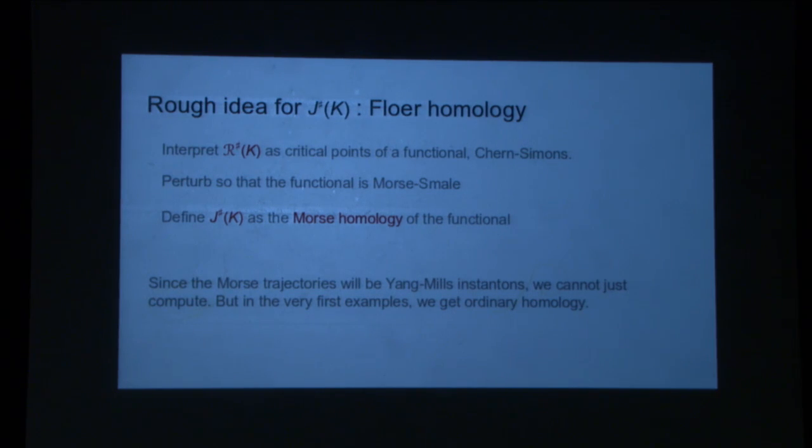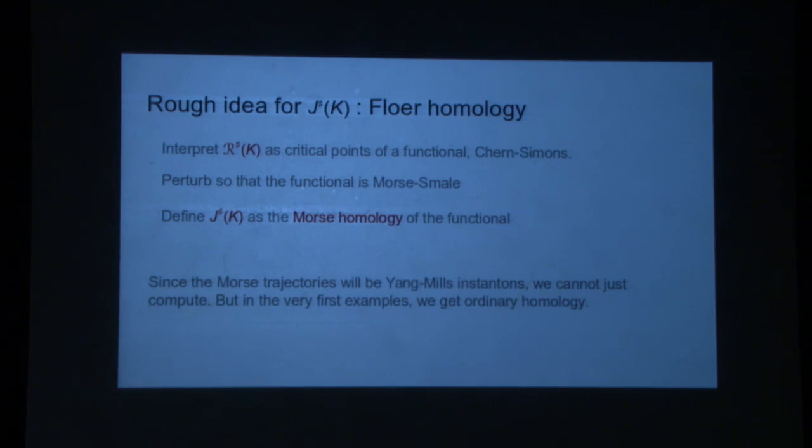The Morse trajectories will be flow lines of the Chern-Simons functional. By an observation that goes back to Floer's original Floer homology, these flow lines could be interpreted as Yang-Mills instantons, which is why we can't directly compute them.